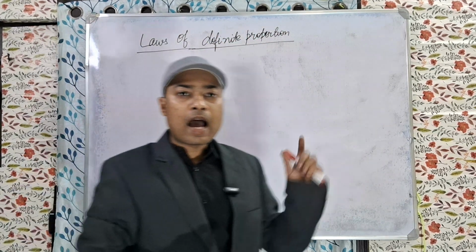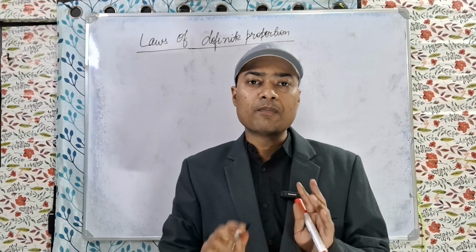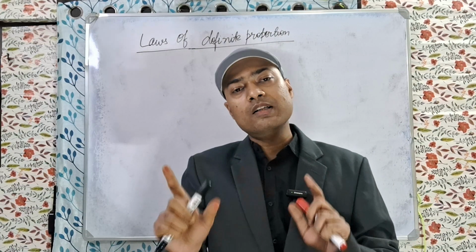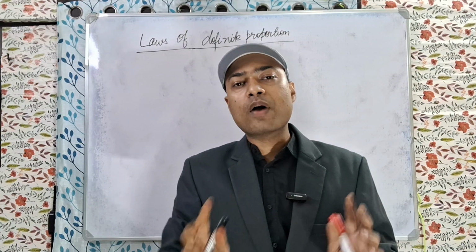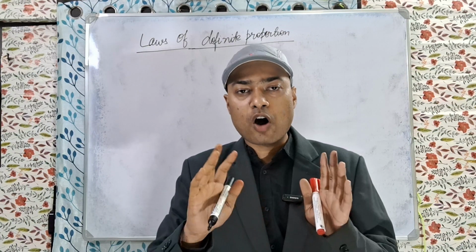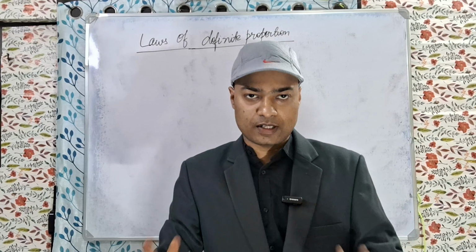As you can see from the title itself, law of definite proportion means the proportion is definite. It simply says that whenever atoms combine to form a compound, their ratio by mass is always fixed.